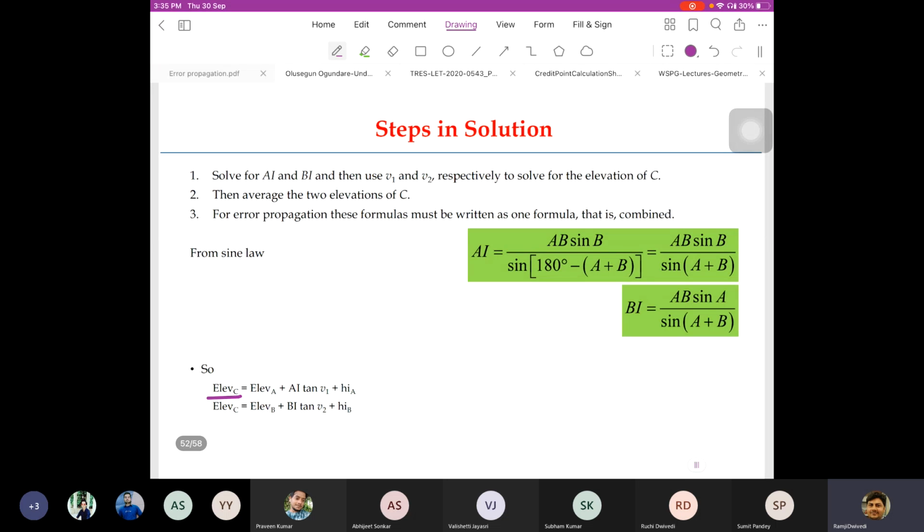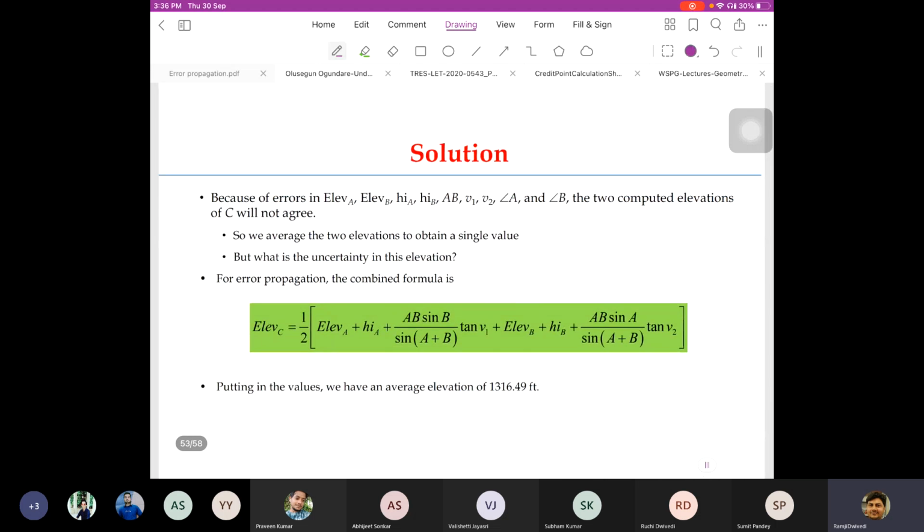So elevation at C is nothing but elevation at A, instrument height at A, then AI 10B. Elevation at C from point B would be elevation of B, instrument height of B, then BI 10.